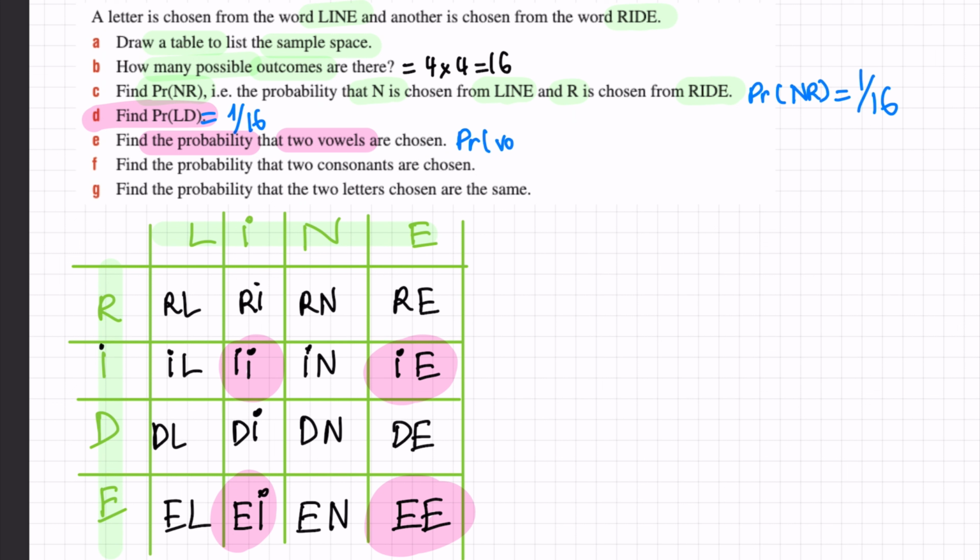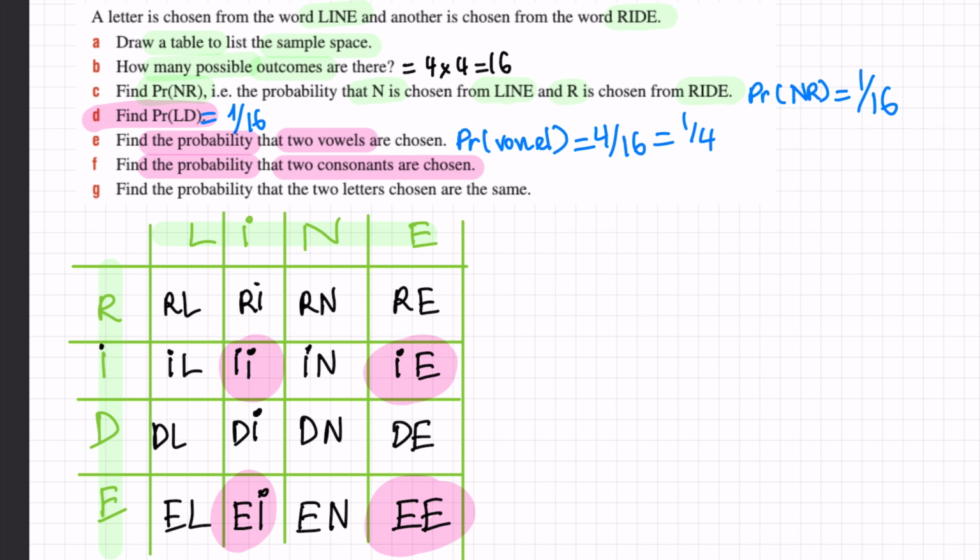Probability of vowels is 4 out of 16. Simplify by dividing both numerator and denominator by 4. 1 out of 4.